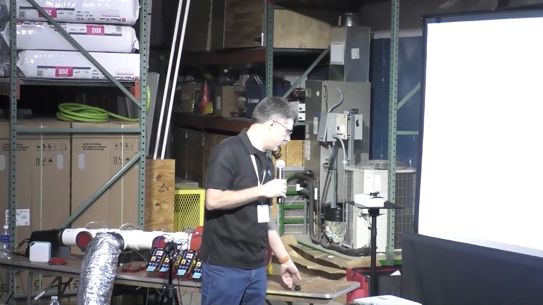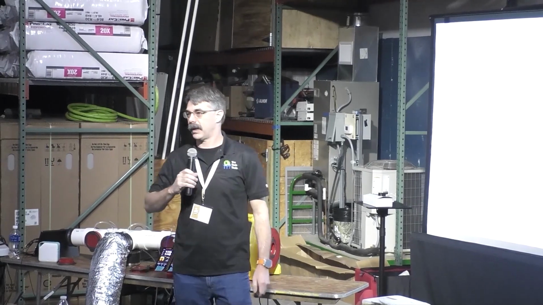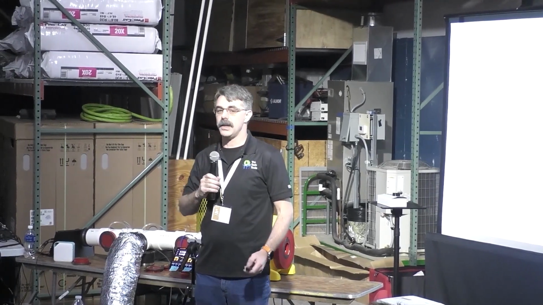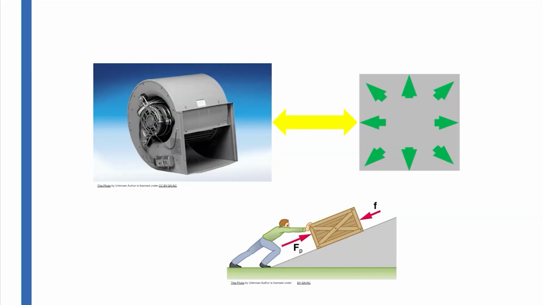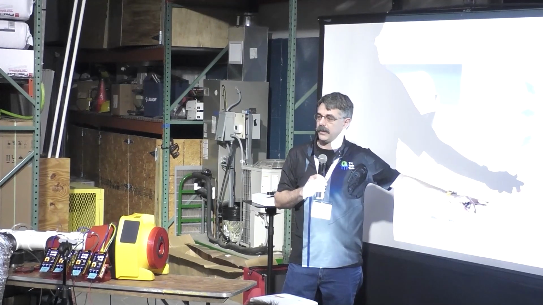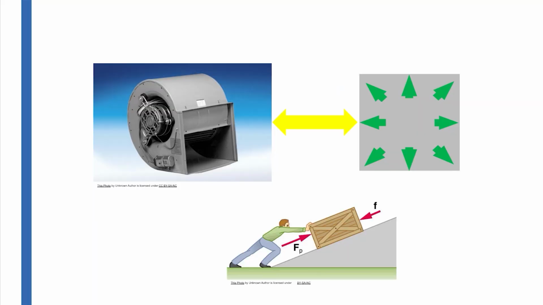We test that, of course, with manometers, micromanometers, but it's an indication as to where restrictions are in a duct if we use it as a test method while the duct is operating. The blower creates that static pressure. We use the blower to push into the duct, and the size of the duct and the amount of airflow going through pushes back. That's the static pressure that we measure in there.